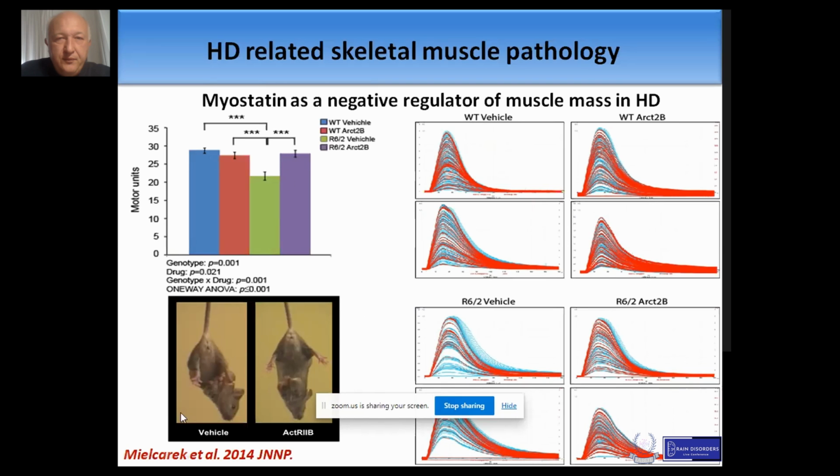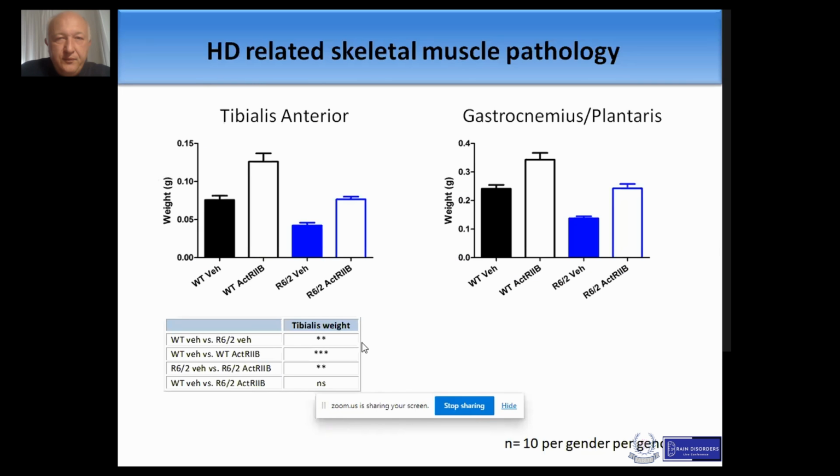And this is a typical test for the mouse, which does not show the tremor after treatment with the activin receptor 2B, by depleting myostatin function.